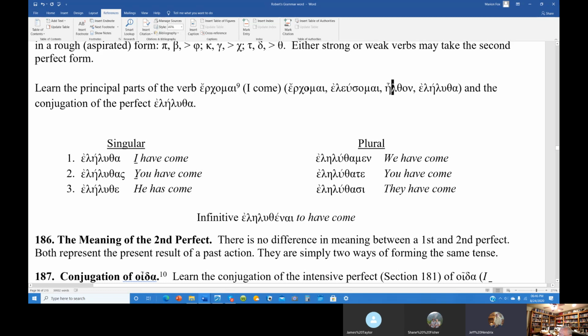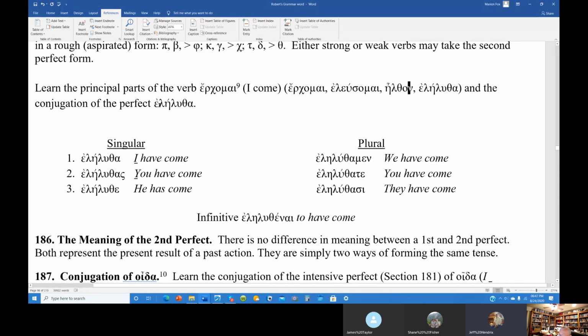That will be present tense. What will this be? Future, because of the sigma you can tell. And then there's your aorist. And over here's your perfect. And your imperfect will have the same form as the aorist in this case.